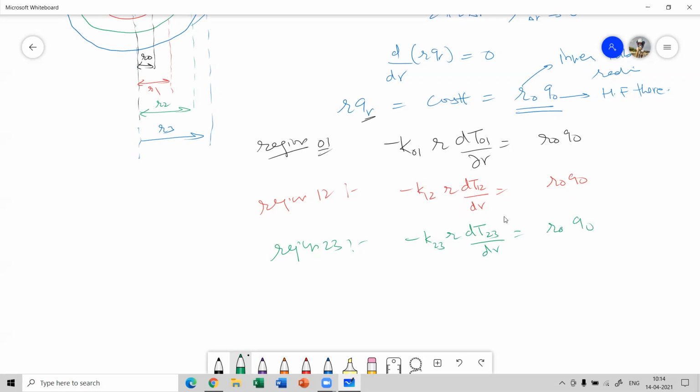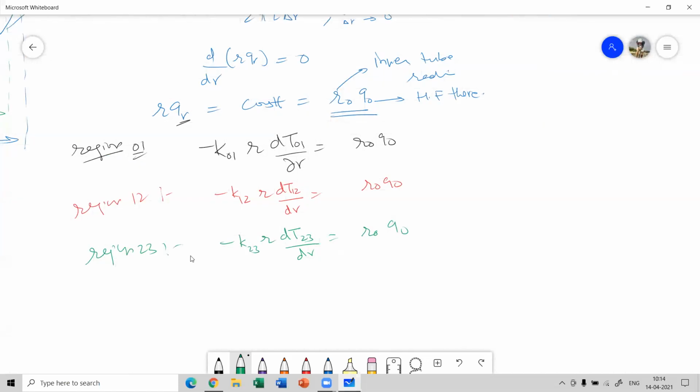Now if you integrate it, upon integration we end up with temperature T0 minus T1 equal to r0 q0 by k01 into ln(r1/r0).